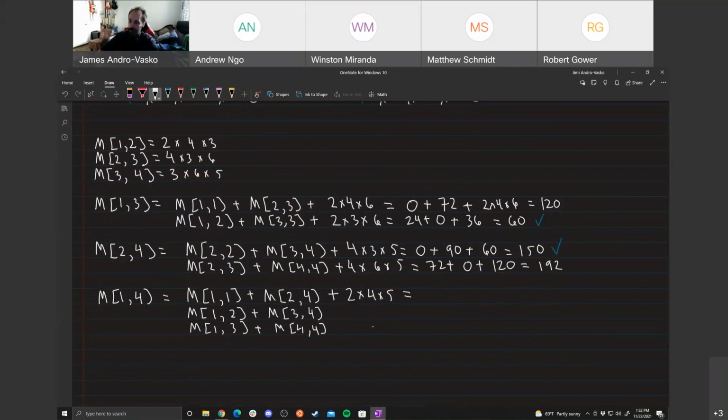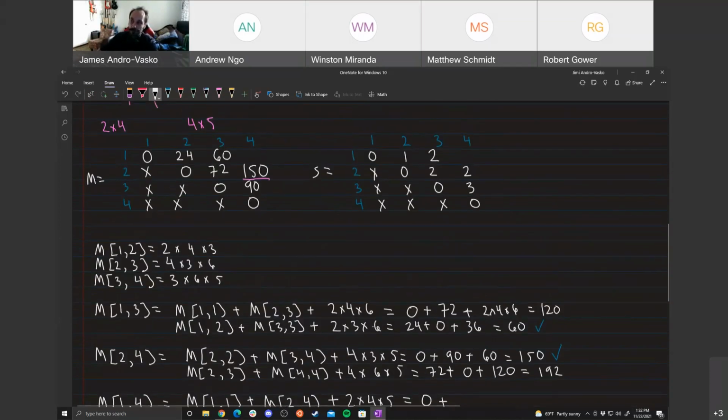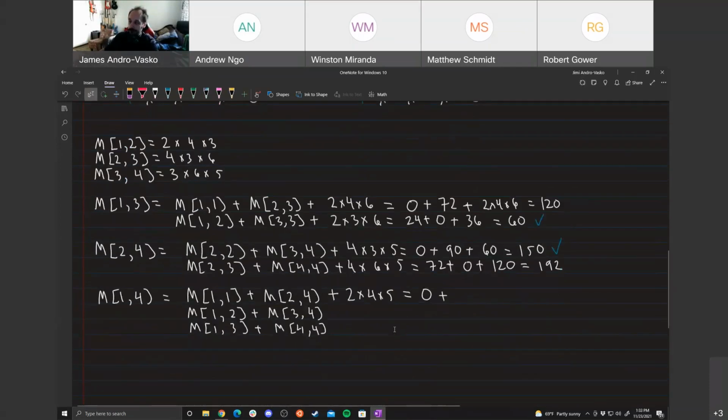So M11 is 0. M24 from our matrix is going to be 150. We can read that from our results. So it's 150 plus 2 times 4 times 5. I believe this is going to give us 40, because 2 times 4 is 8, multiplied by 5 is 40. So we get 190.